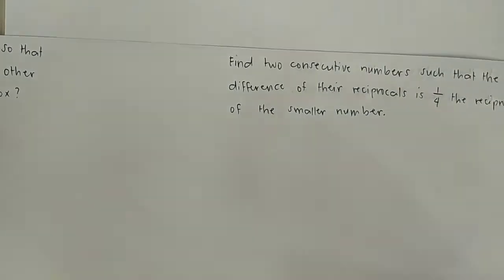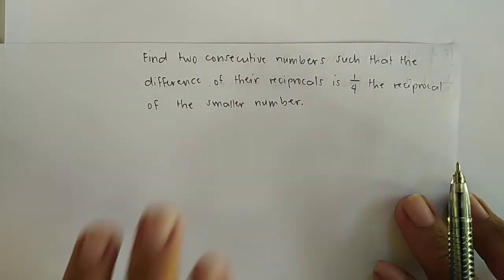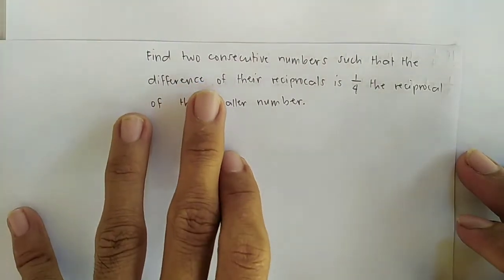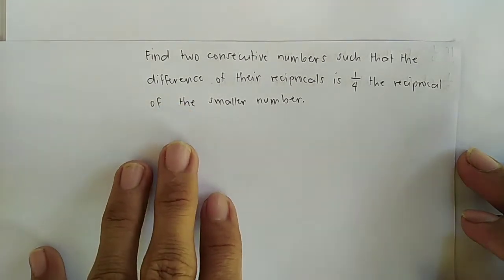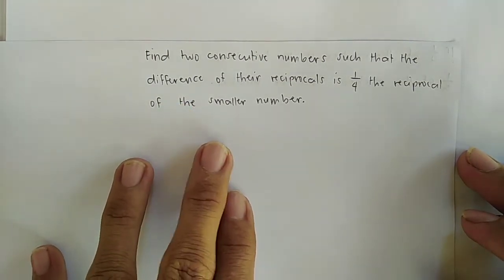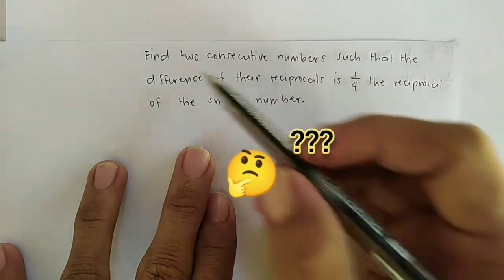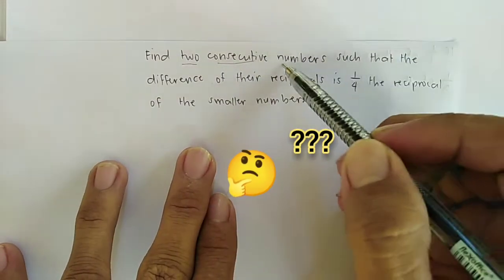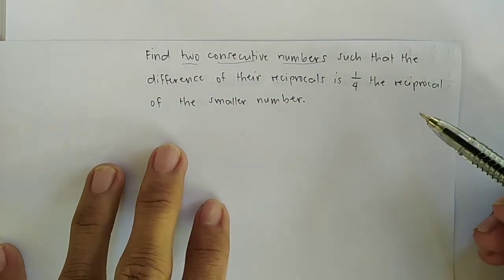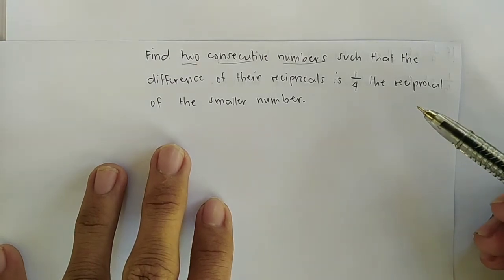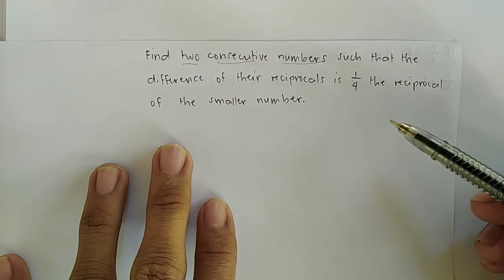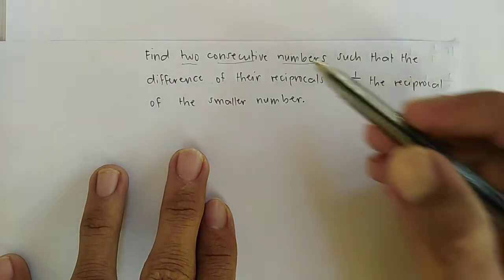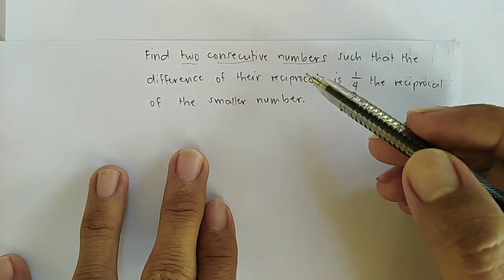So for the second example, we have this. Let me read the statement. Find 2 consecutive numbers such that the difference of the reciprocals is 1/4 the reciprocal of the smaller number. So the problem is looking for the 2 consecutive numbers. With this, we have to let a variable that will represent the number.